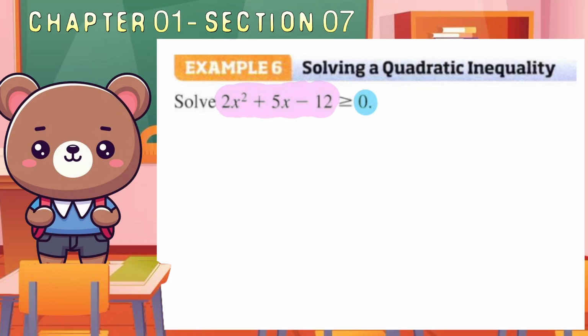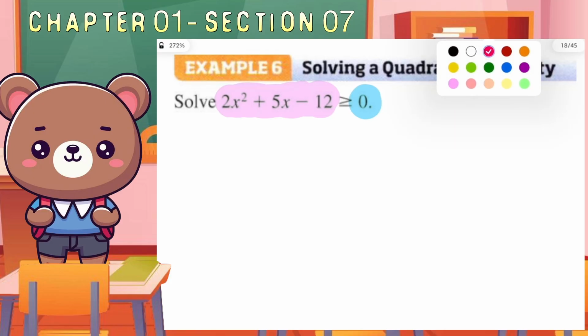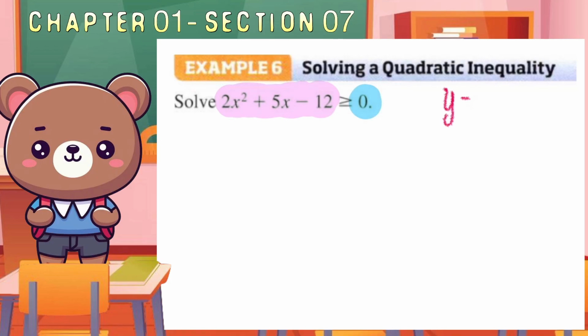Now, 0 is the x-axis. y equals 0 is the x-axis. And then y equals 2x squared plus 5x minus 12. That is the quadratic, or parabola.